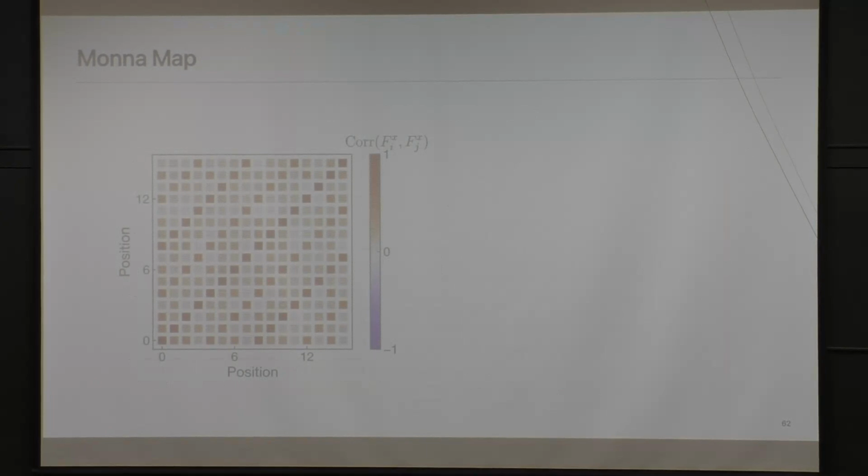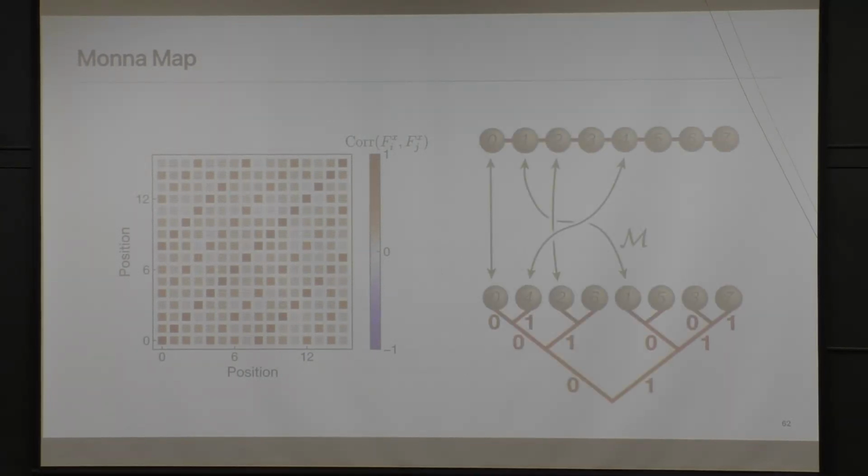In particular, you can say, well, what if we take this correlation matrix and map the tree structure from the spin chain? That's this monomap, which is just the reverse binary order. So 0 goes to 0, 4, which is 1, 0, 0, 0, goes to 0, 0, 0, 1.